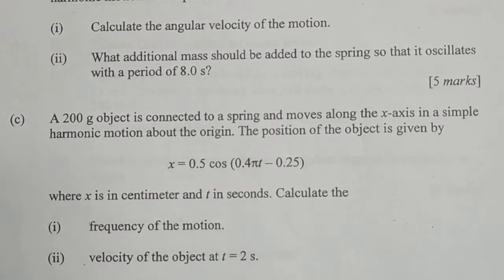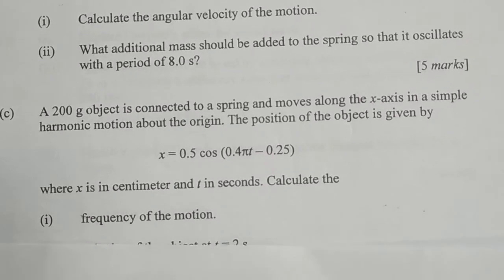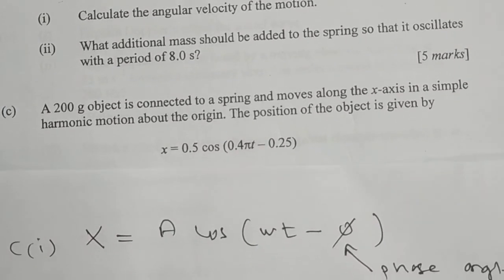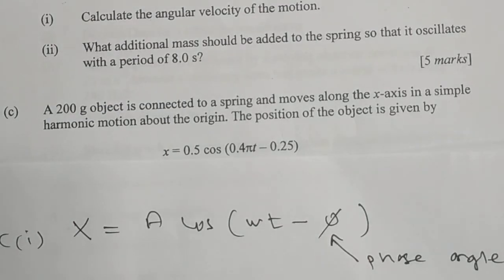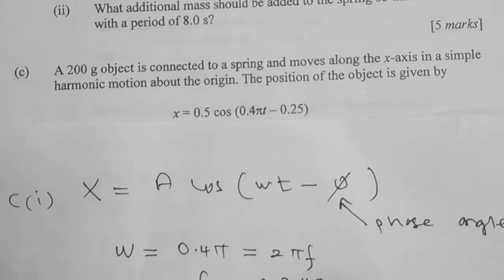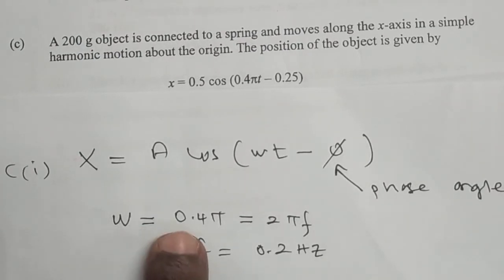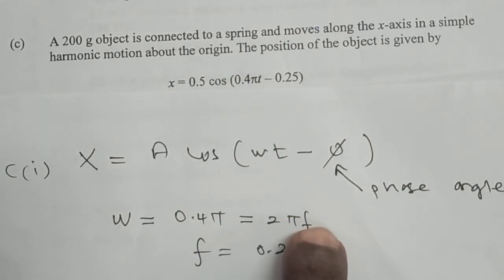By comparing the given equation and the general equation for the displacement, x equals A cos in bracket omega t minus phase angle, we can see omega equals 0.4 pi, which equals 2 pi f, so that the frequency is 0.2 hertz.